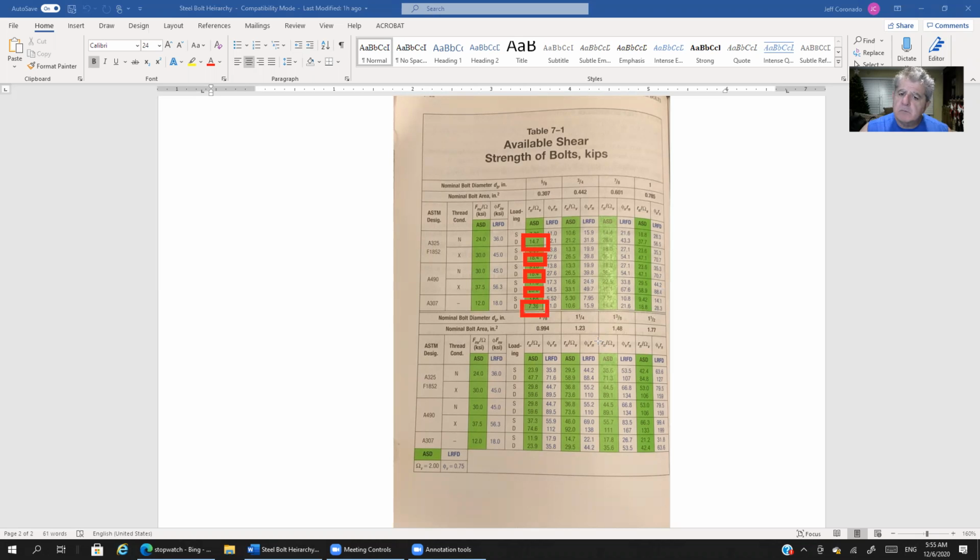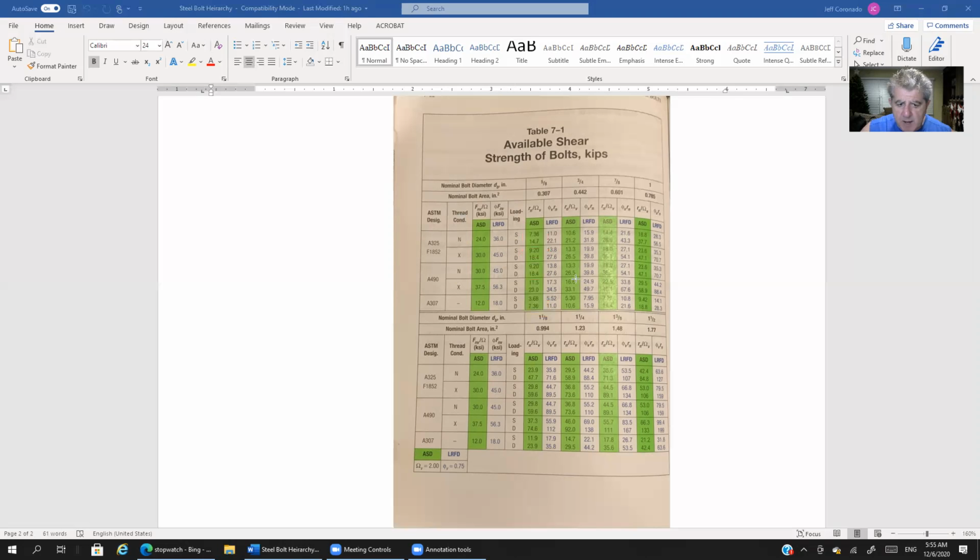And the reason I'm doing that is because then I can compare capacities under similar circumstances for different bolt types. So it gives me an idea of, as much as possible, comparing apples to apples, which one has the lower capacity and which one has the higher capacity, right? So that's what I would try to do there. Let me clear this.